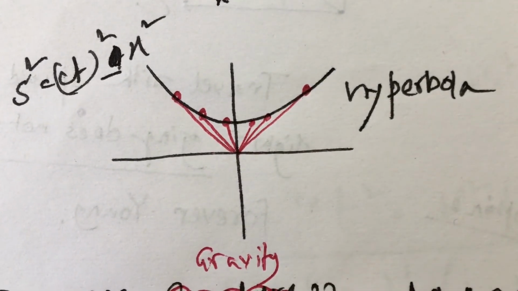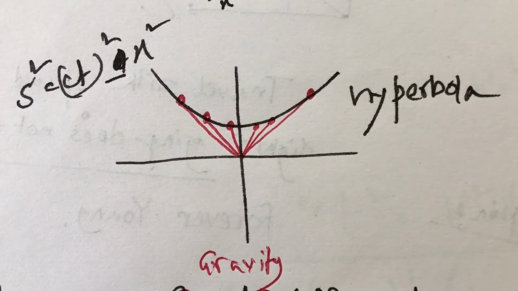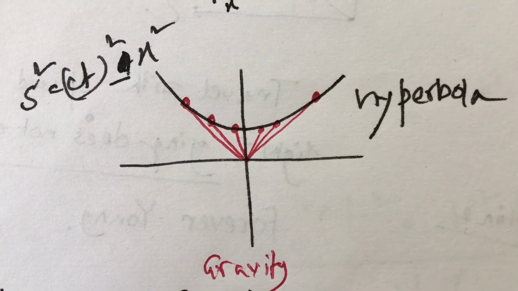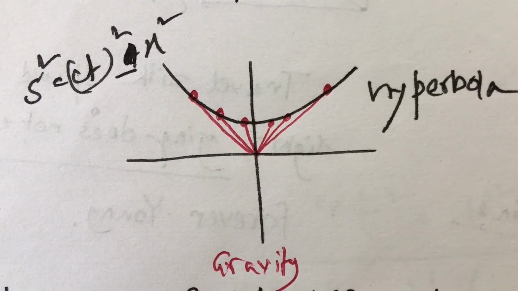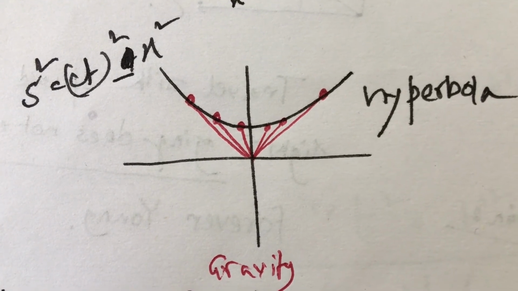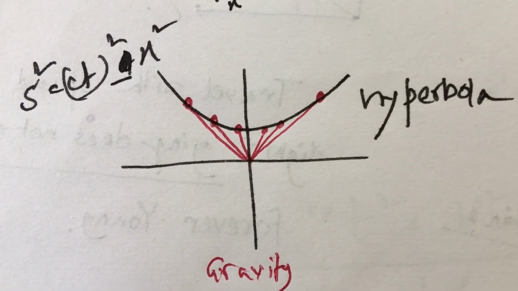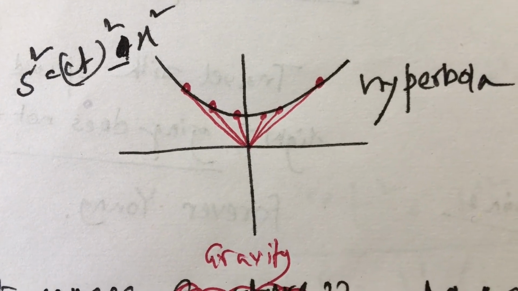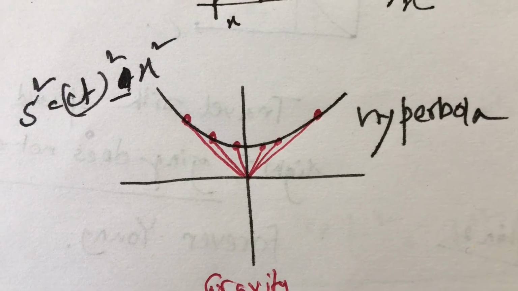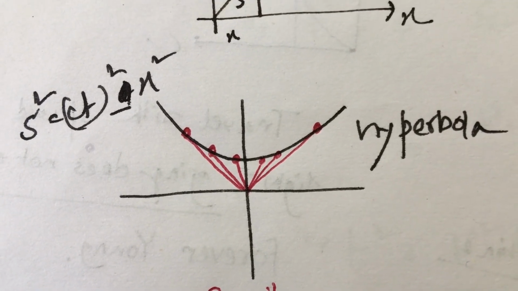Every distance is different from its neighboring one. But if we calculate s square, we will get that it is universal. Everyone will calculate a different value of x and t, but everyone will agree that s square will be the same. This is another hint.